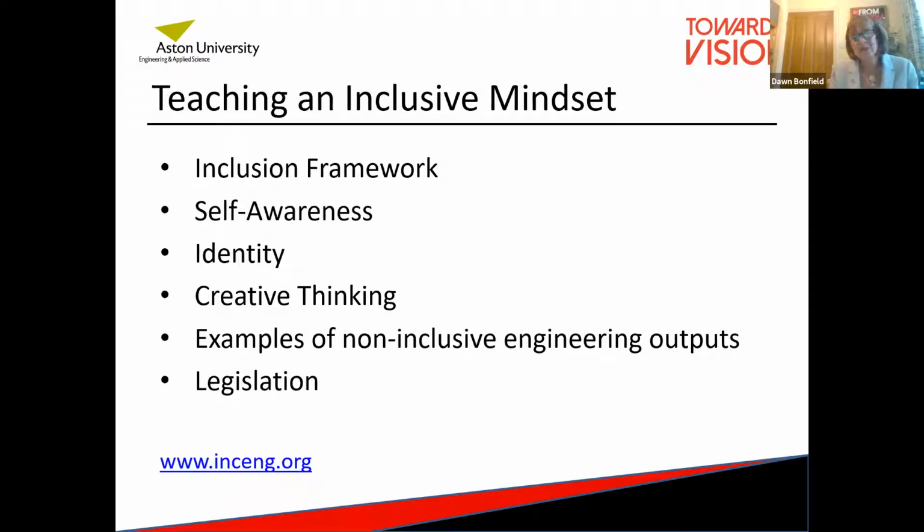The second way is through self-awareness, getting engineers to realise what their own background is, what their biases are, where their blind spots are, what their unconscious biases are sometimes, and making them aware that they come from a particular perspective, and it's all about widening that perspective and asking other people to give their perspective to the problem that they're trying to address. Identity as well, helping people to own their own identity within engineering.